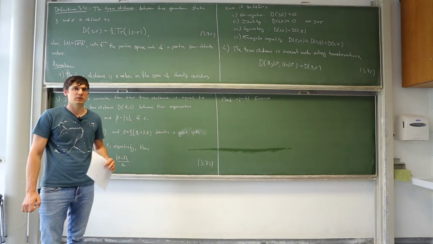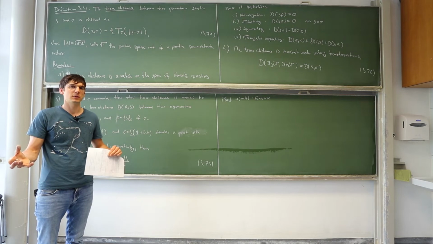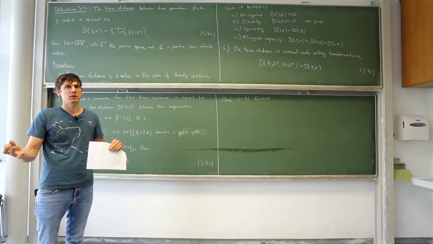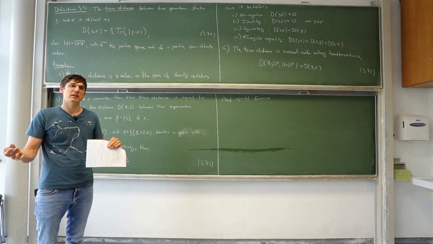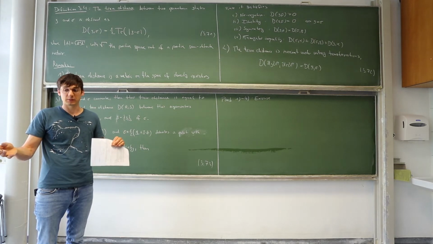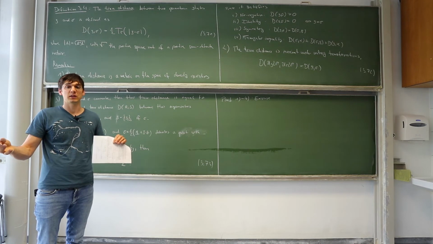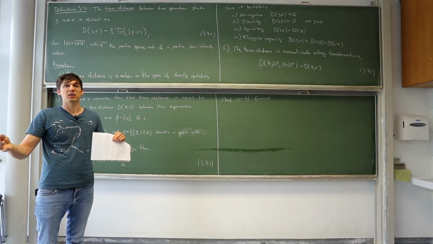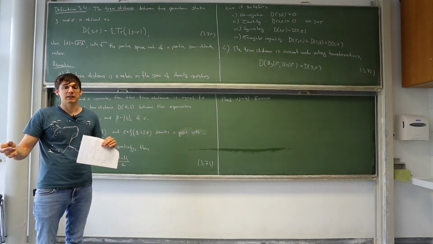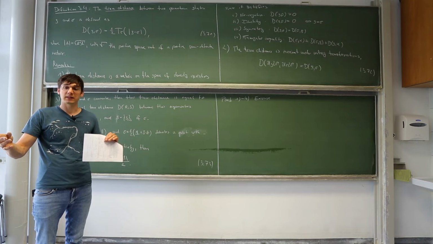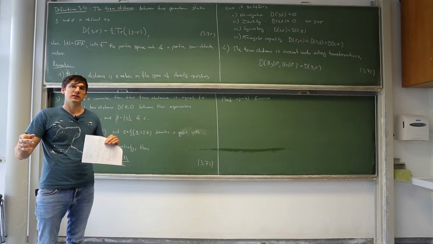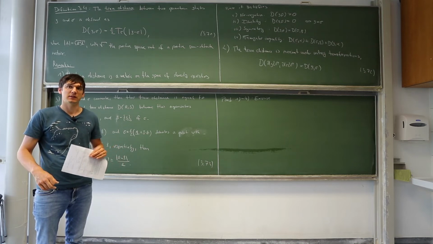So it says, suppose we have two states, rho and sigma, and we perform any measurement described by any POVM. And what we get out from these measurements are probability distributions. Right? And with these probability distributions, which are the outcomes of the measurement, those we then can compare by this classical trace distance. And what this following theorem tells us is that the classical trace distance that we can calculate from these outcomes of any measurement is bounded from above by this quantum trace distance.